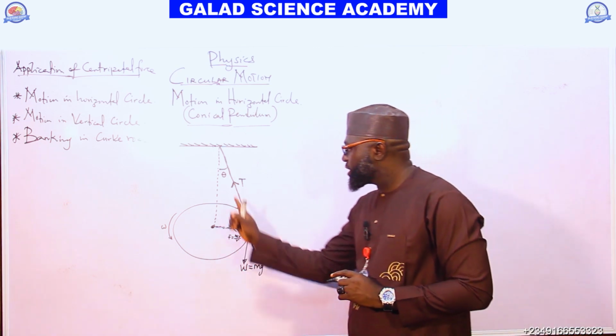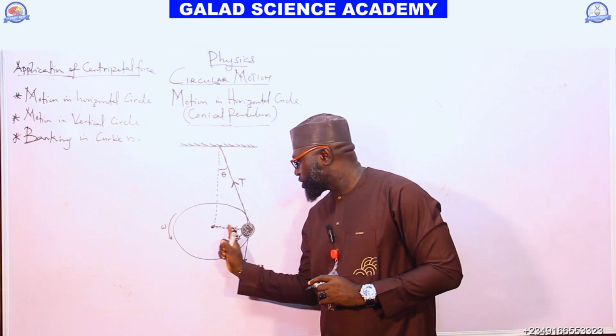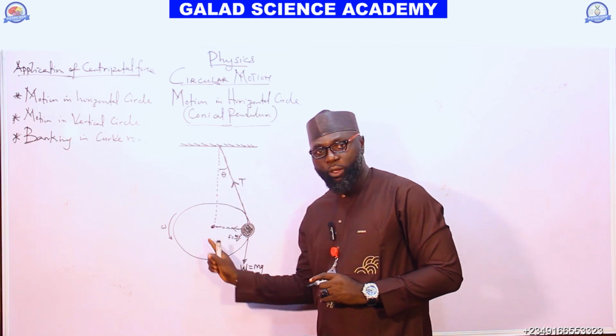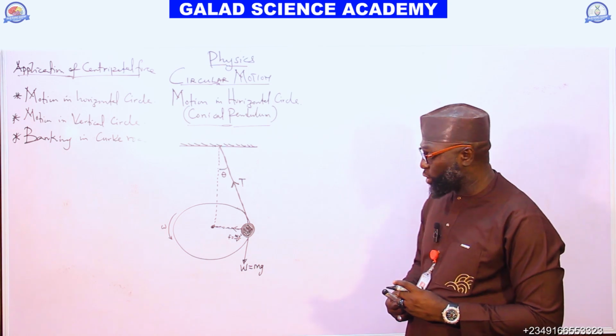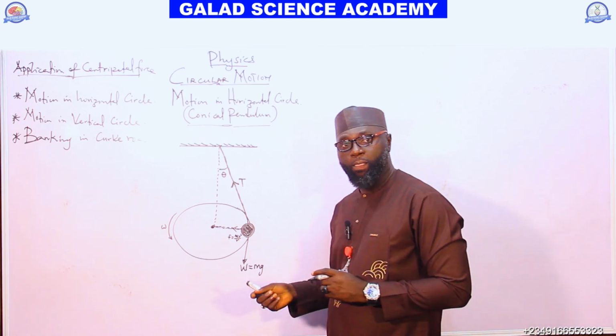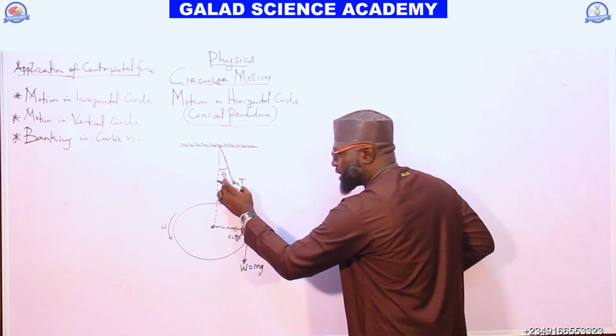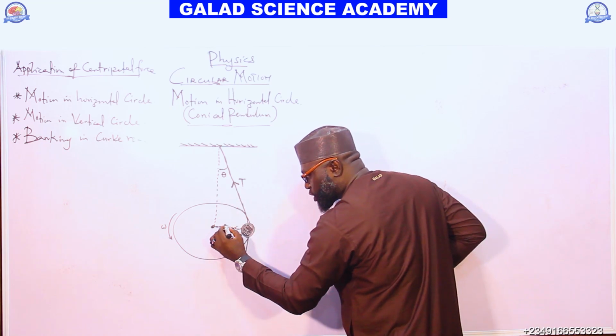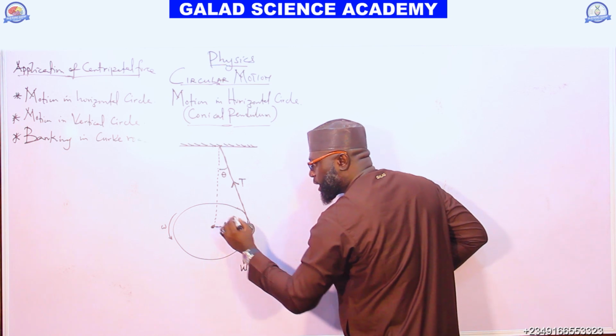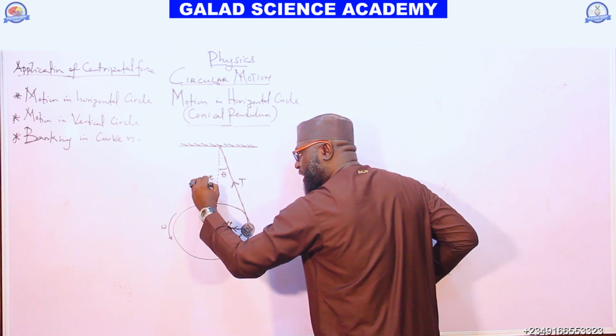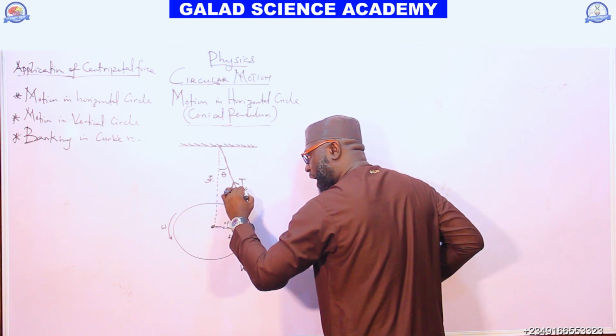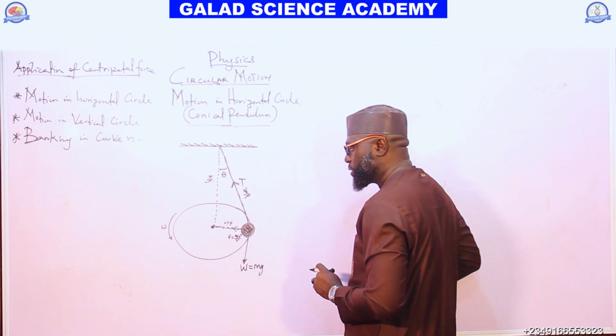But let us solve this triangle by using the resolution of force. If you remember now, this angle faces this side, which is the opposite. This place is the adjacent, and here is the hypotenuse.